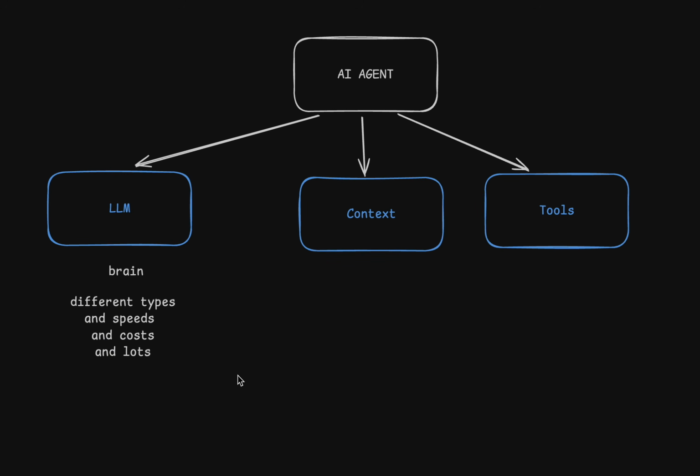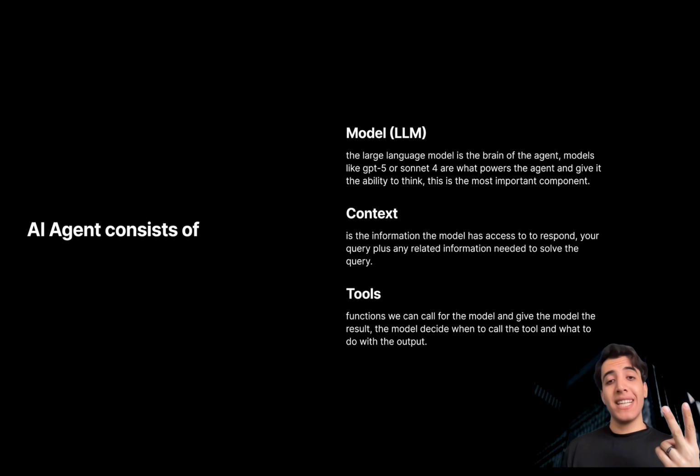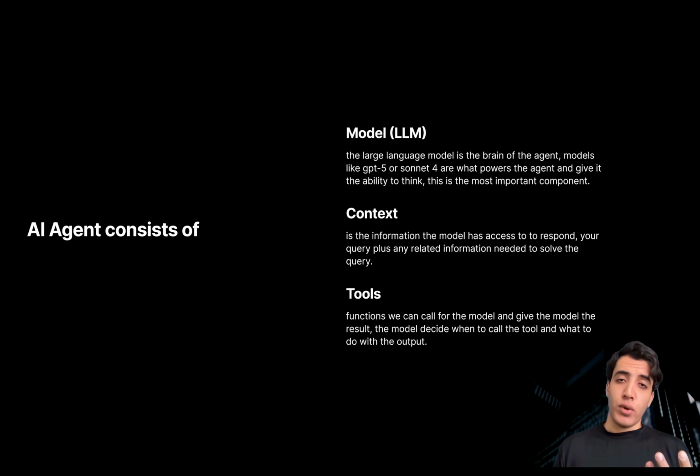This is the main component, the model or the LLM. All right. The second component is the context. The context is the information that the LLM has in order to solve your query. This information can include the query itself, but also any other related information in order for the LLM to solve that query. The third component is the tools.